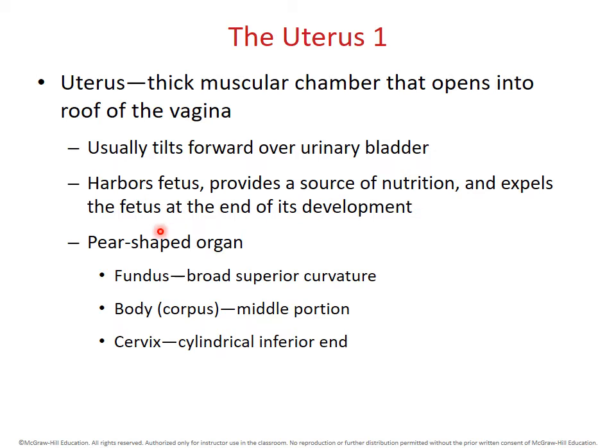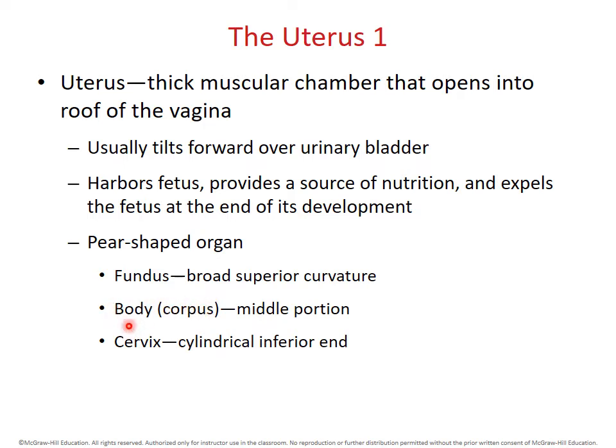The uterus has a variety of portions to it. It has a dome-shaped top, much like the stomach has a dome-shaped top, and that is referred to again as the fundus of the uterus. Most of the uterus is the body or corpus of the uterus. That's the more vertical central portion of it.